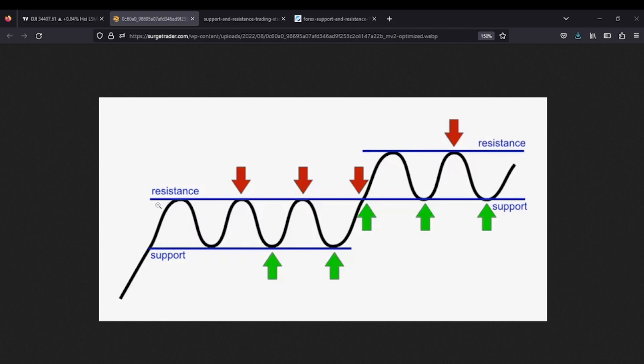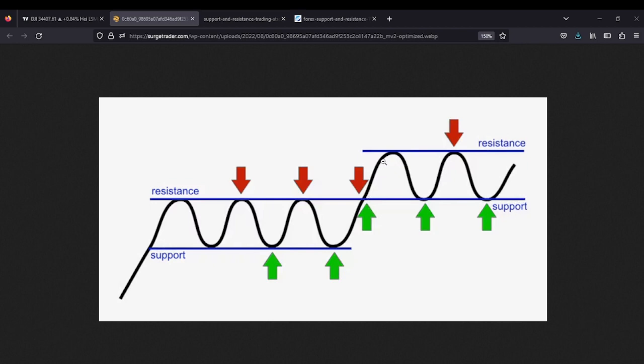And the resistance level is where, at the peak, at the top, it bounced off and came back down. So in this example, it moved up and down, and at some point buyers all come in and start buying up and broke the resistance level, and that resistance line becomes support.